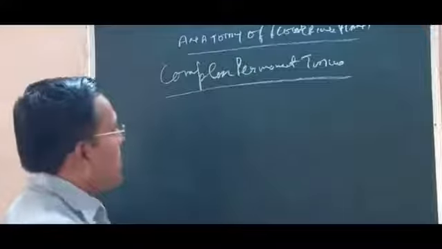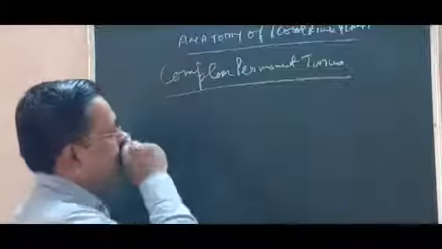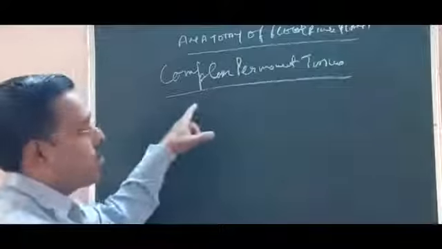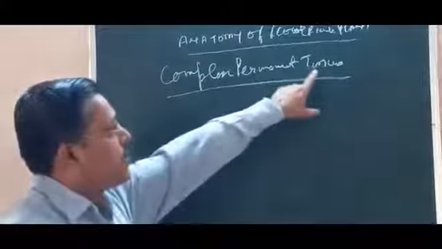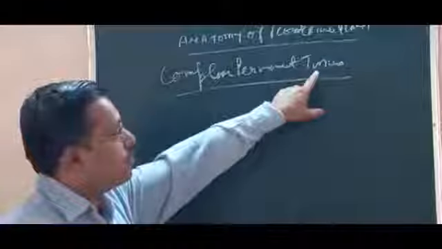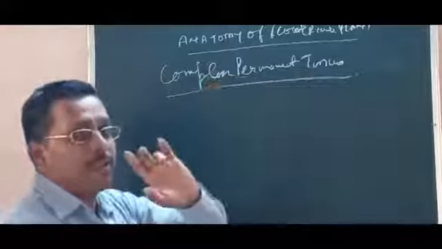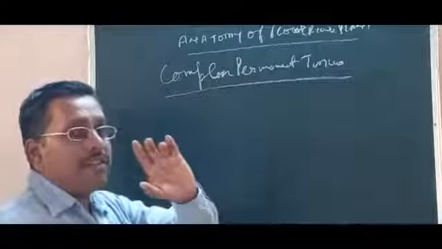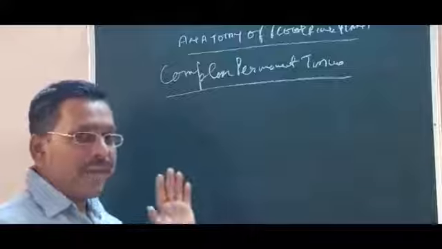Now the explanation behind why we call complex permanent tissue complex is this: a tissue is a group of cells that perform a specific function. Complex permanent tissue also performs a specific function, but it performs that function with the help of more than one type of cell.